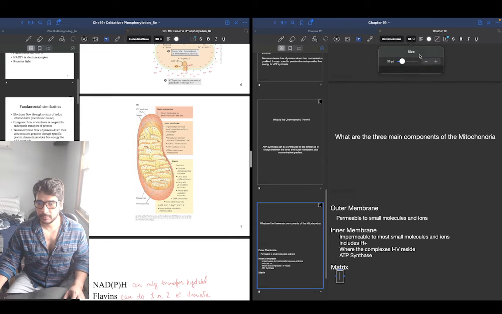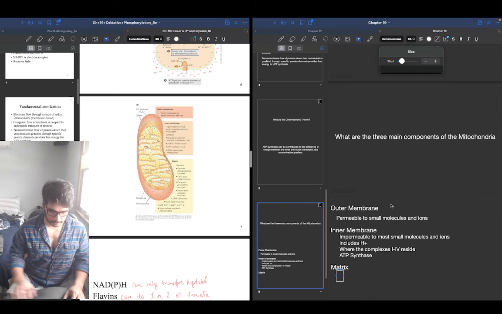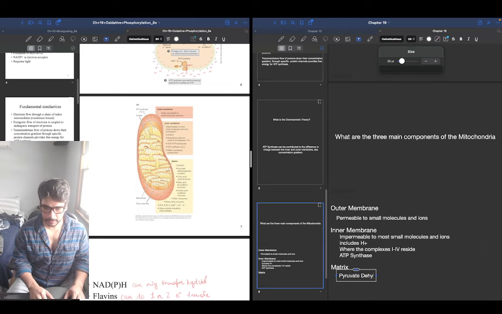Let's drop this down. And in the matrix, there is the pyruvate dehydrogenase complex, also known as PDH.